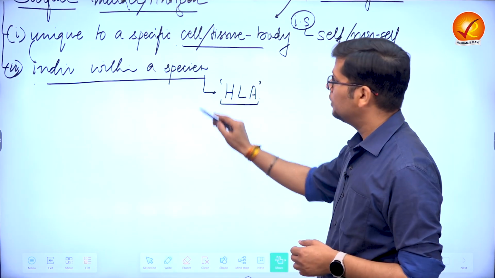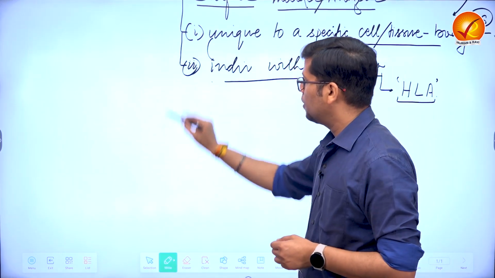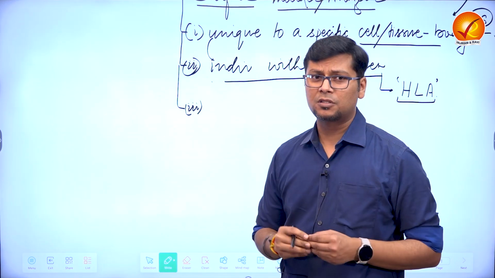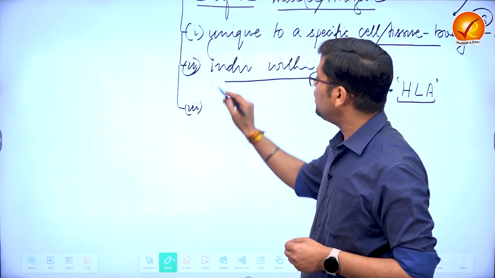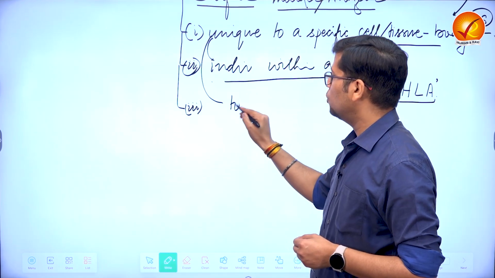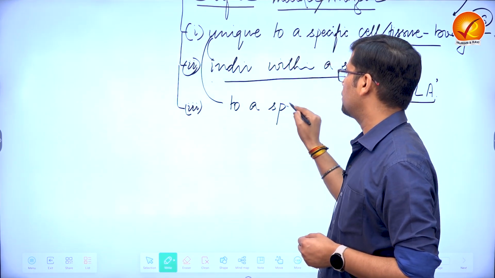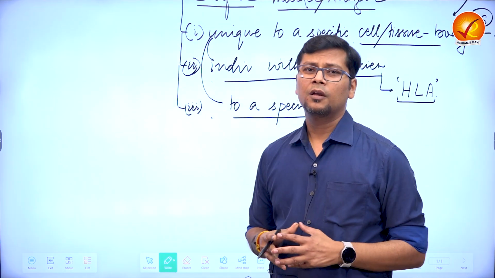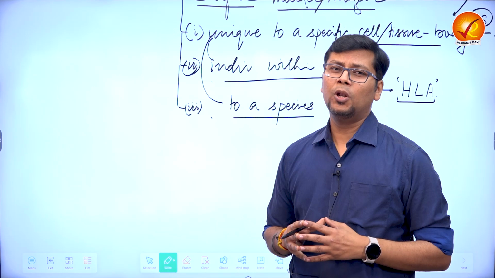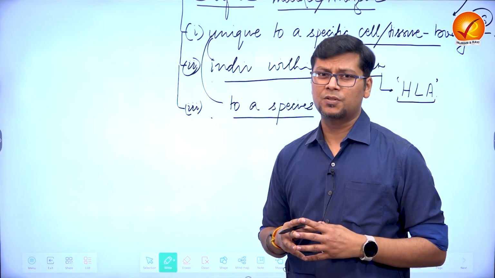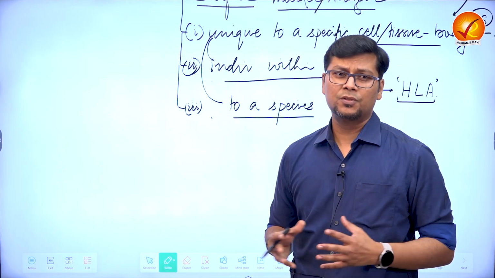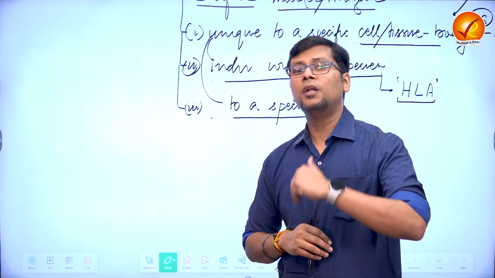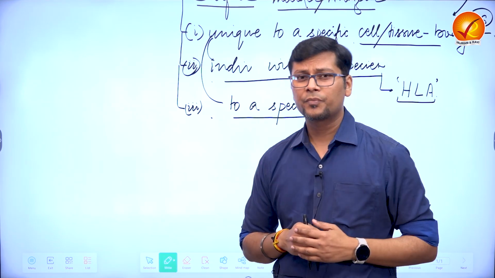And third, people, there are specific surface markers which are unique to a species, which means all of us, by the virtue of belonging to Homo sapiens as the species, would have specific proteins which are common to all of us. But it would be uncommon to some other species.